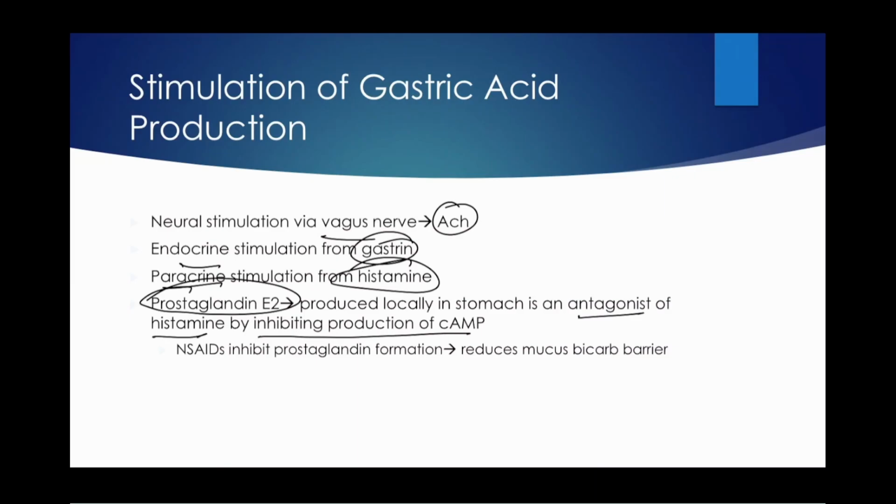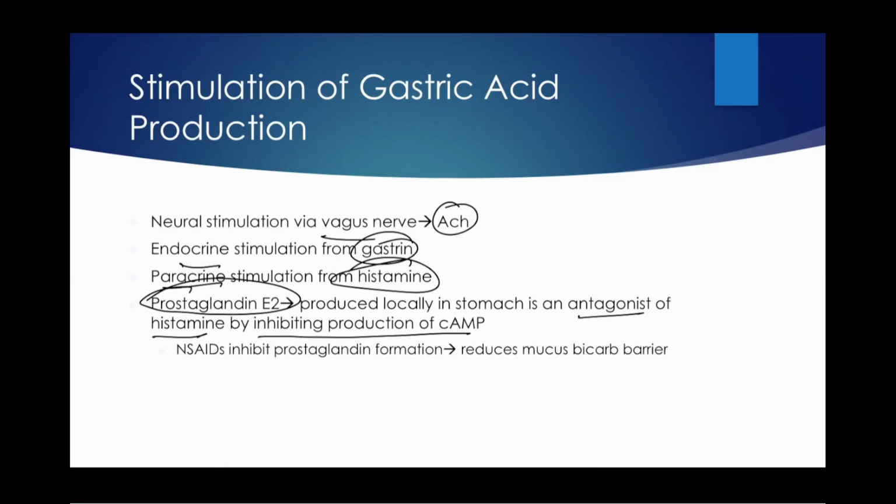But prostaglandin E2, is this protective for you? What is it doing? Does it increase stomach acid or reduce stomach acid? It's protective, so prostaglandin E2s are good to have. They help with that mucus bicarb barrier.